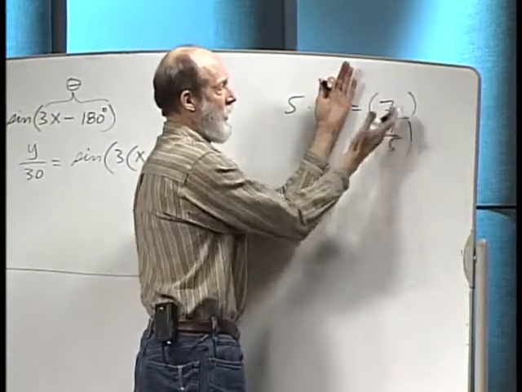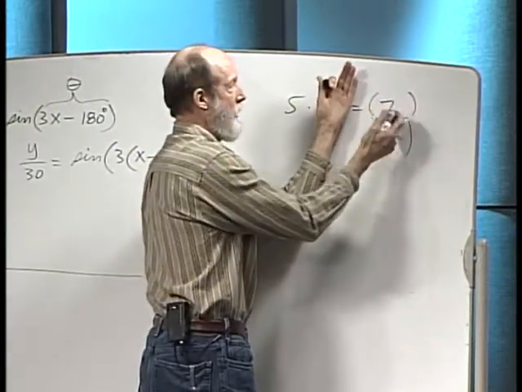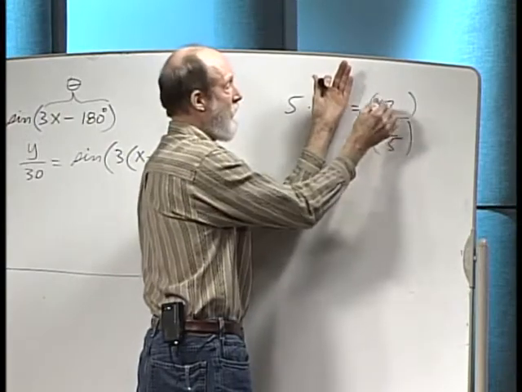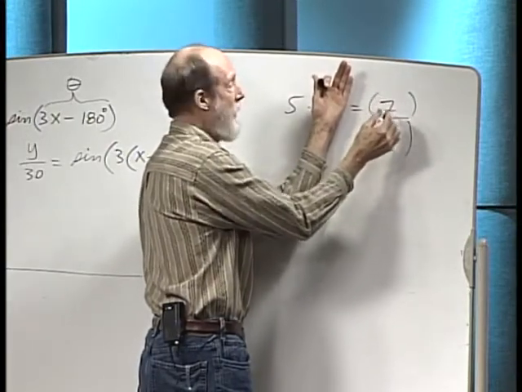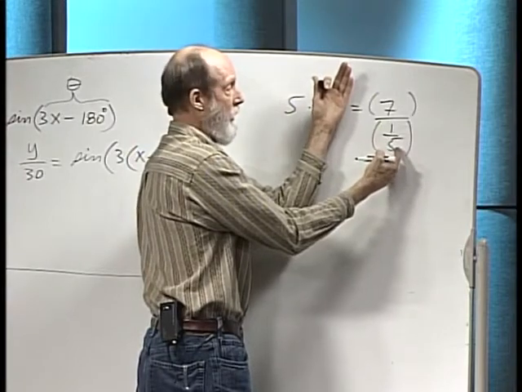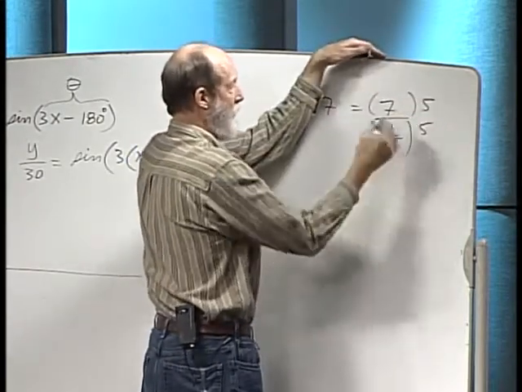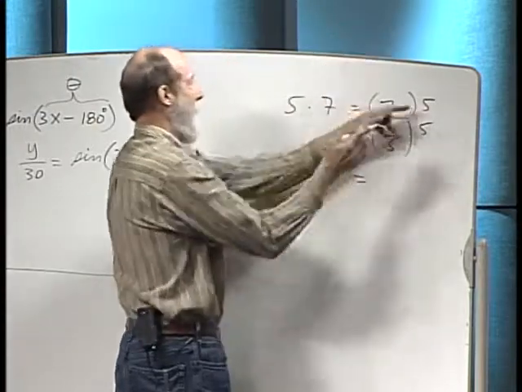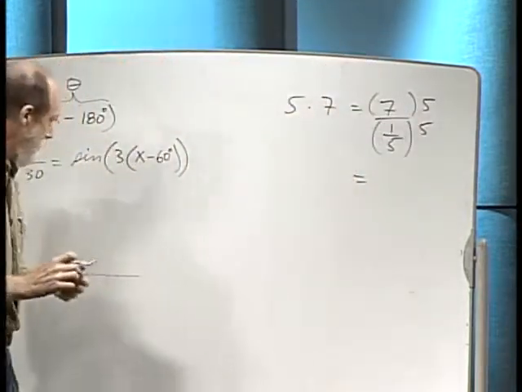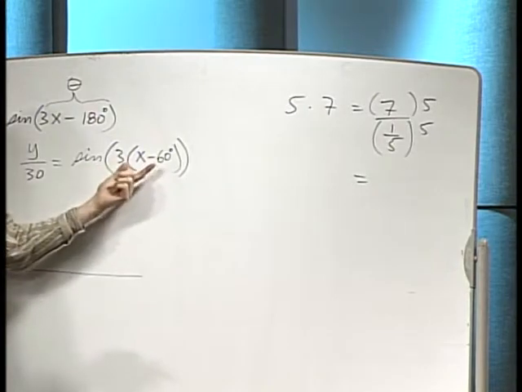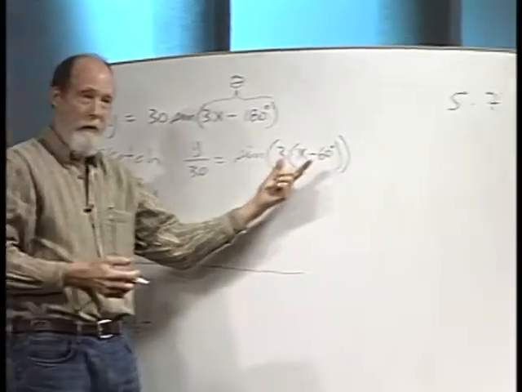Let's say you started here. Find the common denominator. This is a 7 over 1, and 1/5 here, obviously. The common denominator is a 5. Multiply the numerator and denominator by 5. Look at what you get. You get 7 times 5. Okay. So in trig, this is going to be a very handy tool.